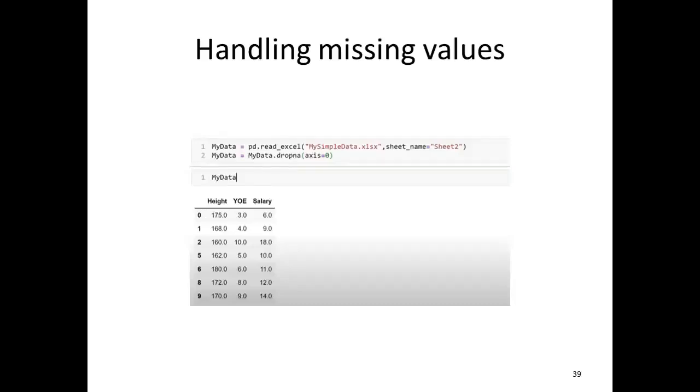Handling missing values. What is a missing value? When we have a dataset, we may have 100 samples, 1,000 samples, or 1 million samples, where a sample means a row of data. Some rows may contain zero values, not-a-number values, or be missing.